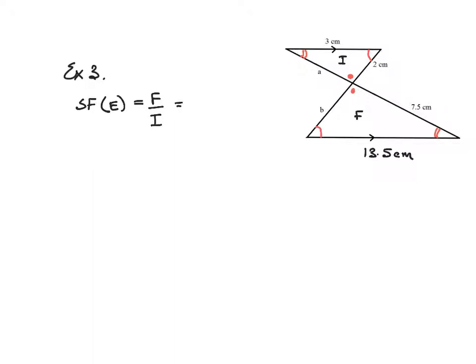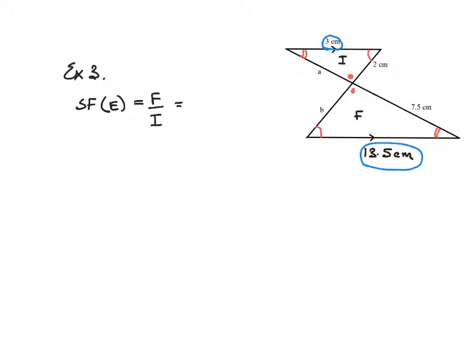sides which correspond. I hope you can see that the side opposite the red dot in the smaller triangle is 3 centimetres, and the side opposite the red dot on the larger triangle is 13.5. So it's these two that we're going to put together.